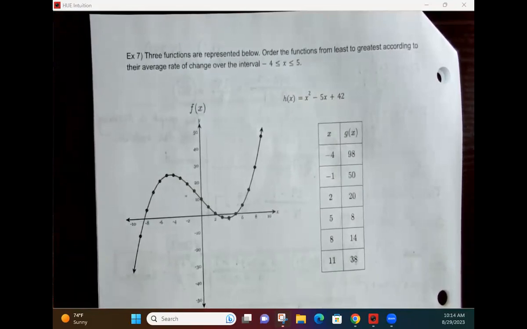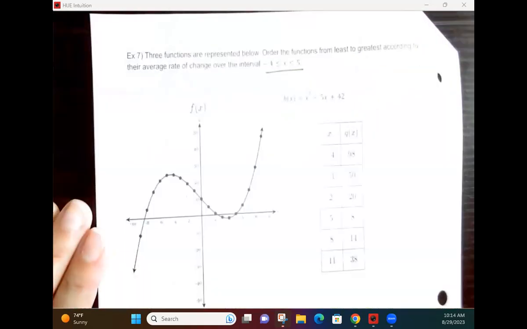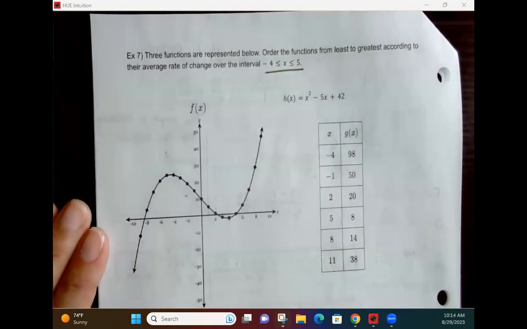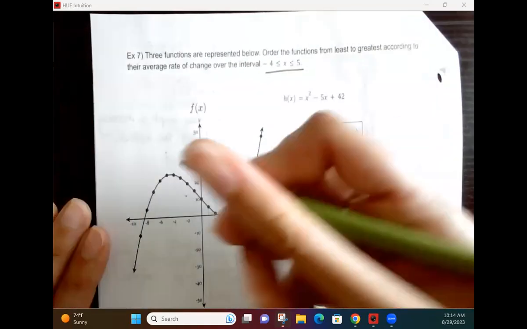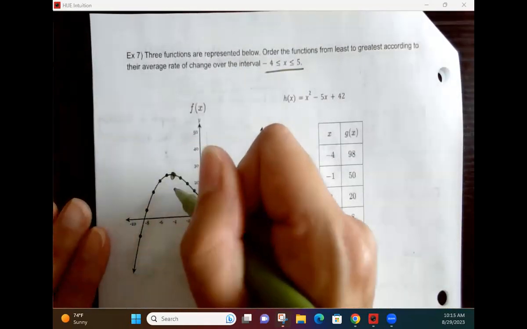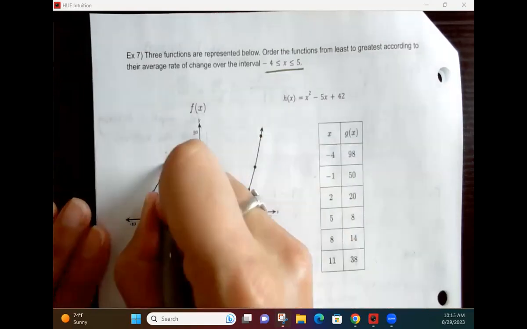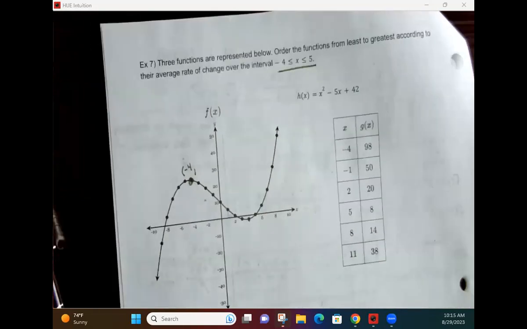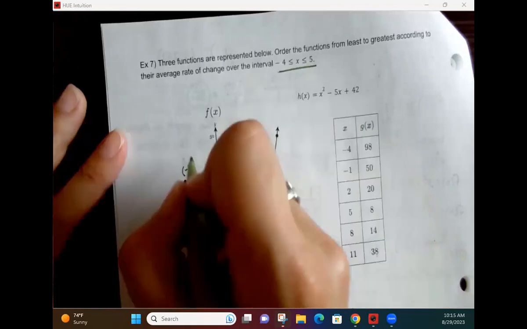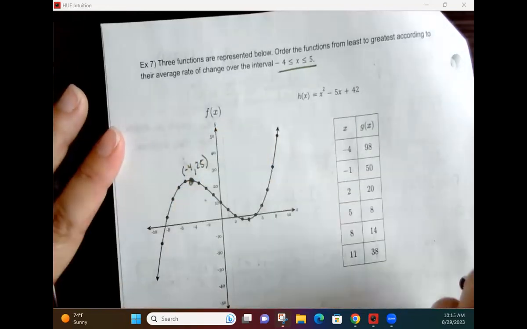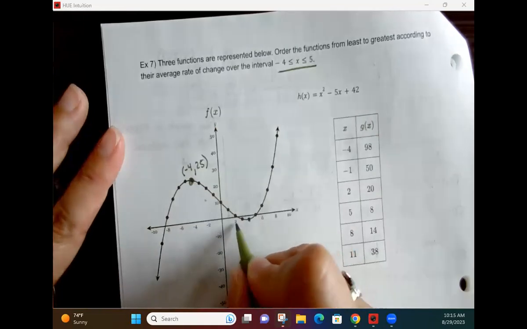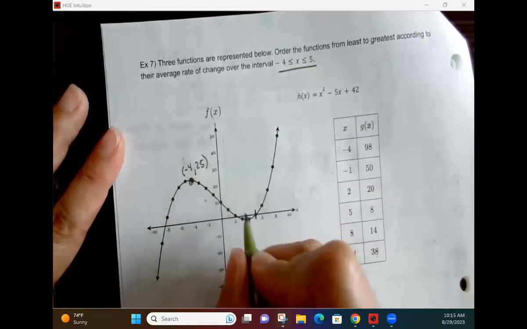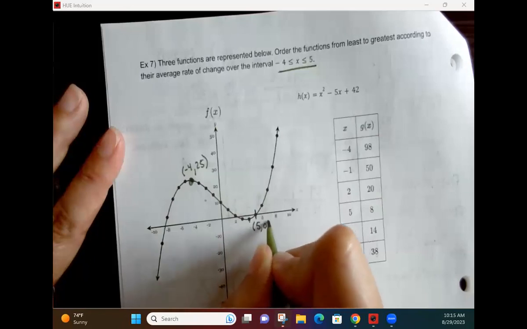So that means we need to start by finding the average rate of change over this interval for each of our functions. That's step 1. For f of x, the nice thing here is we have a graph, so I don't have to calculate those. I know the grid lines are pretty faint here, but I believe this would be -4, 25. And when x is 5, this would be the point 5, 0.